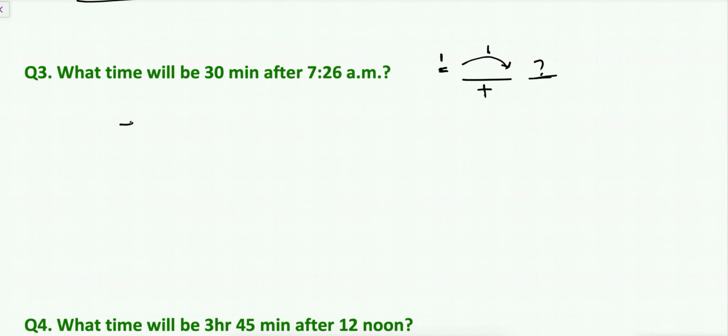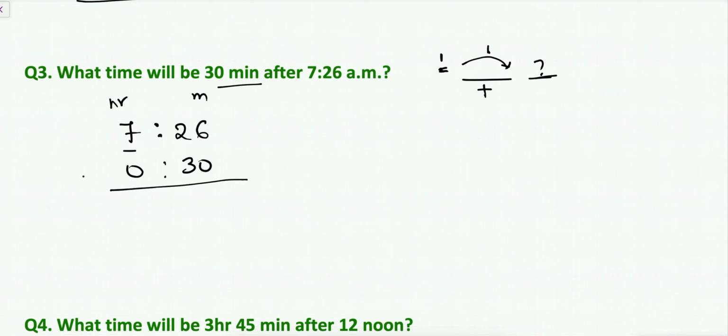So the current time is 7:26, and what will it be after 30 minutes? Here in 7:26, 7 is the hour and 26 is the minutes. Now we have to add 30 minutes here. So we will add 30 in the minutes section, not in the hours one. Now we have to do the addition.